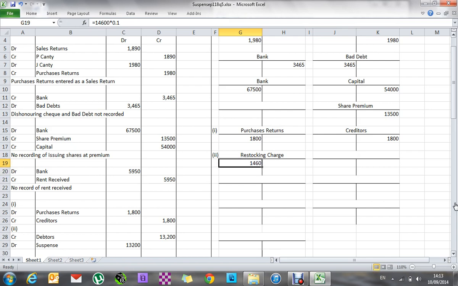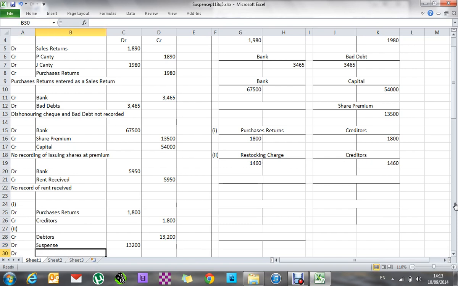So 1460 is my extra expense, and we owe our creditors 1460. They took off the amount for the goods we sent back, and they're charging us 10%, 1460, for the goods that were returned. So I put that straight in here.